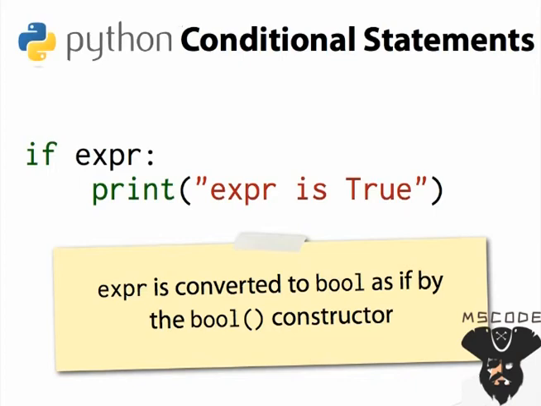Conditional statements allow us to branch execution based on the value of an expression. The form of the statement is the if keyword, followed by an expression, terminated by a colon to introduce a new block. The expression is converted to bool, as if by the bool constructor. Let's try this at the REPL.